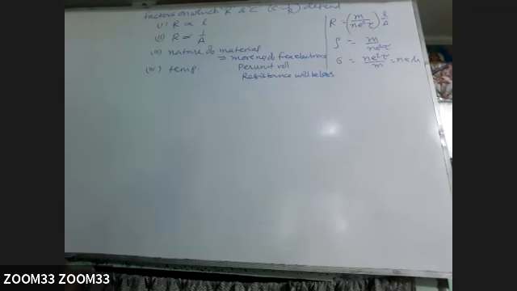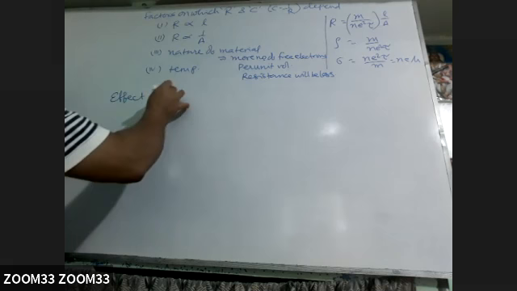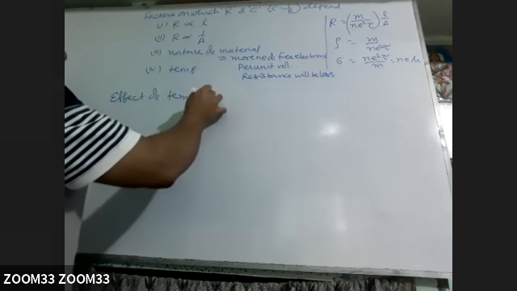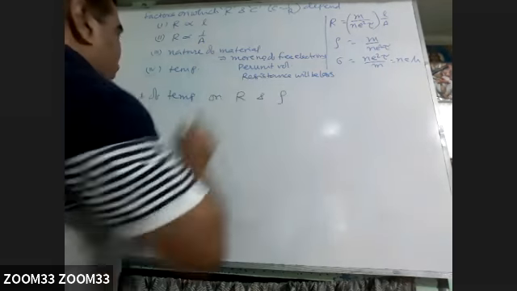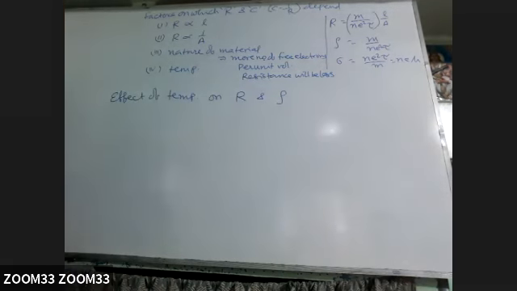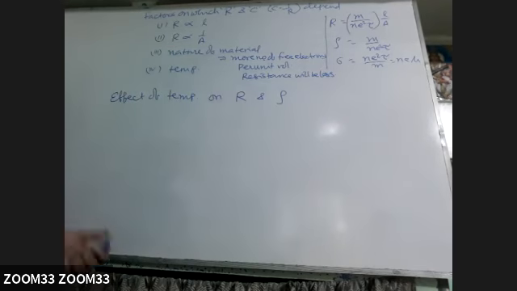Now, the fourth factor we have to discuss in detail: the effect of temperature on R and rho. Because rho depends on these two things. If you are asked the factors on which specific resistance depends, then only these two.